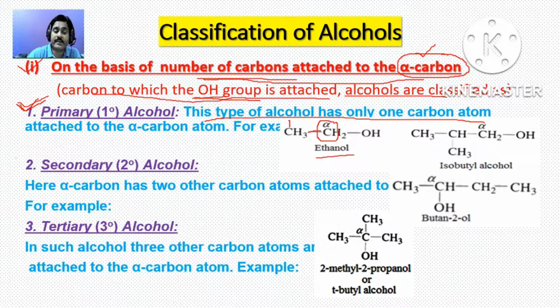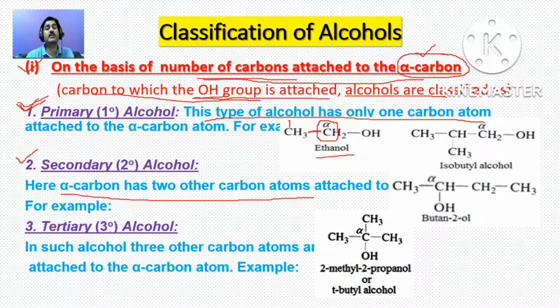Similarly, secondary alcohols. Secondary alcohols are those alcohols in which the alpha carbon has two carbon atoms attached with it. For example, butan-2-ol. Here the OH group is attached with the carbon atom that is called the alpha carbon atom.